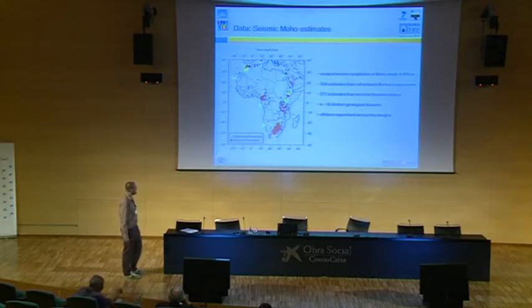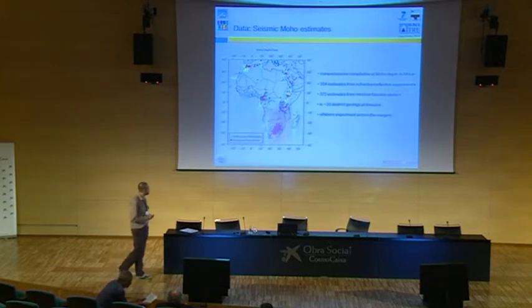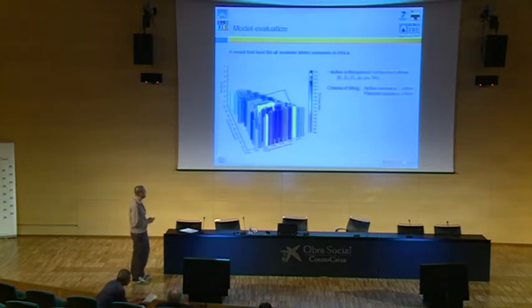Although we have more seismic data available in Africa today than before, you see it's still very local in some points and unequally distributed. So this is why we hope to fill the data gap with our model.